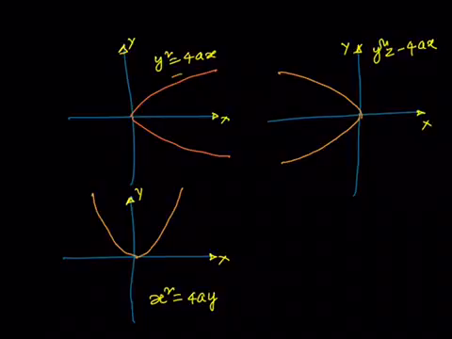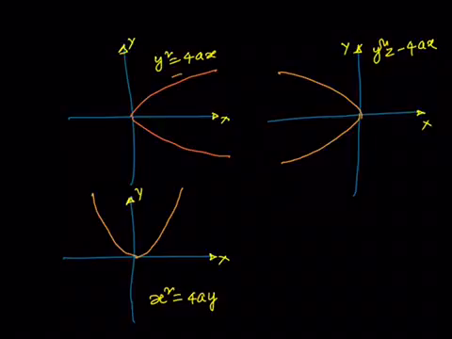Now you can see that on the left-hand side we have x square, which means it will be opening up or opening down, depending upon the coefficient of y. If it is positive, it will be opening up. If it is negative, it will be opening down.